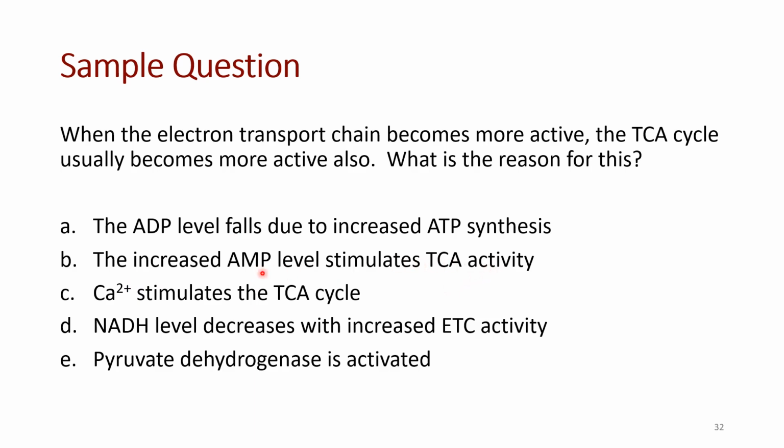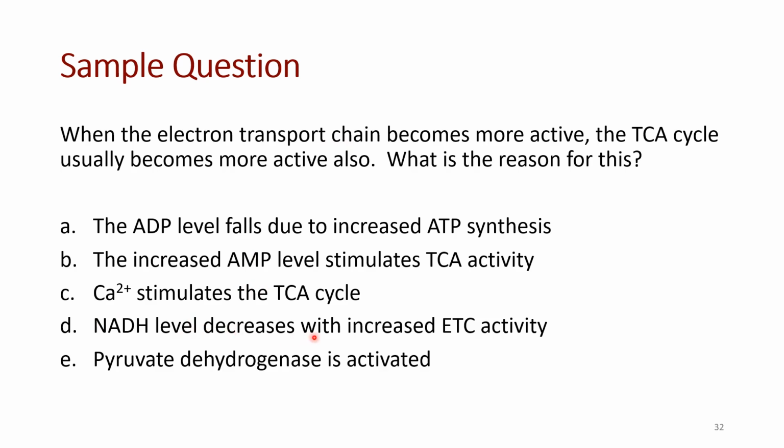Nah, if you think about it, AMP was not an allosteric modulator of any of the reactions we saw. Calcium stimulates the TCA cycle. Well, that's true. Calcium does stimulate two of those reactions, but calcium has no effect on the electron transport chain. So obviously that's a TCA cycle thing and not an electron transport chain.